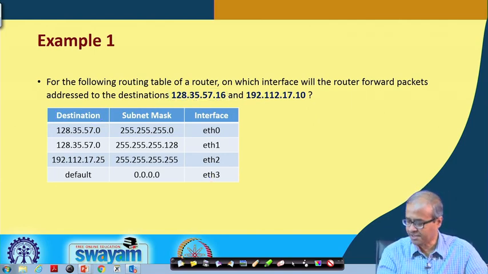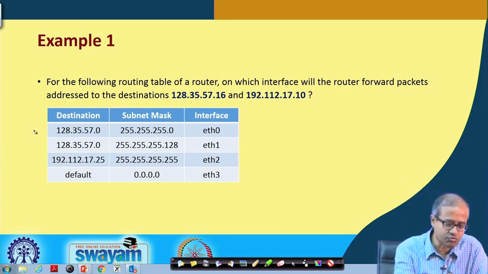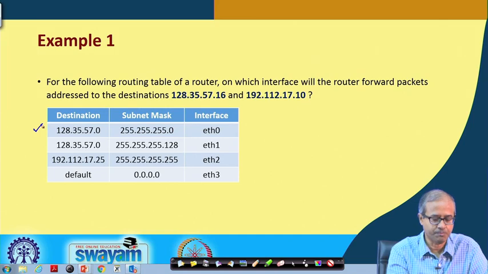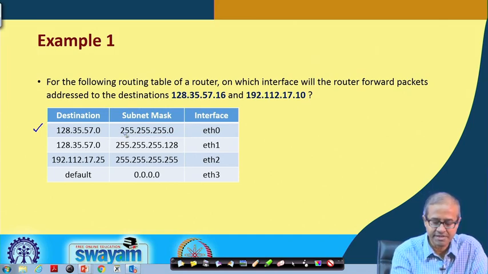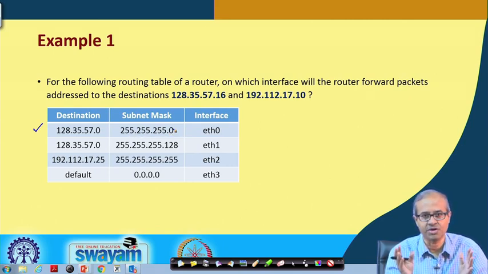Now, this 128.35.57.16 will be checked with the rows one by one. First, this row: the subnet mask says the first 3 bytes are all ones and the last one is all 0, 255 meaning all ones.